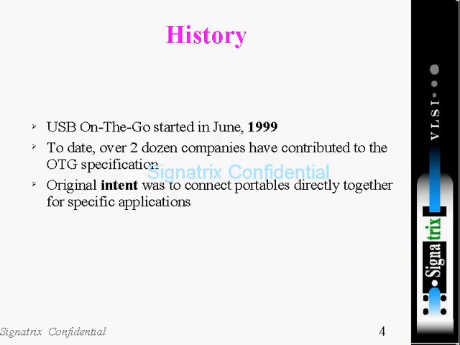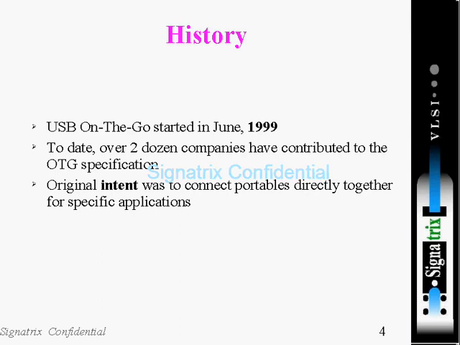First, before we start anything, we should know the history of that thing. Then only we'll get more grip on that particular product, right? If you look at this slide, you will get the knowledge on the history of USB OTG. It was started in 1999, and to date, over 24 companies have contributed to the OTG specifications.